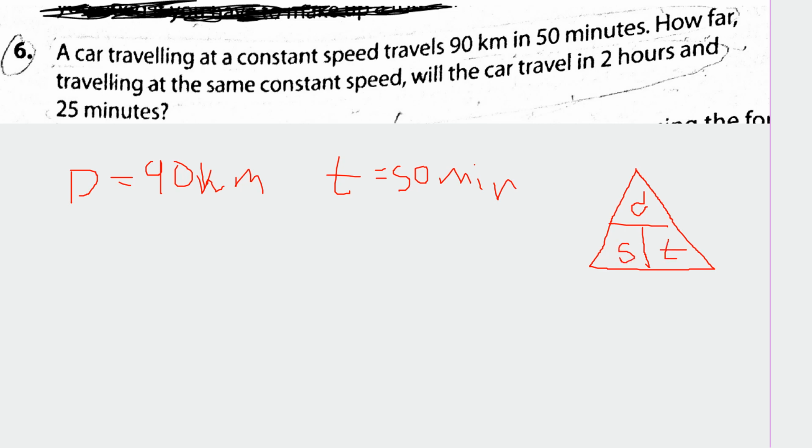Okay, so with this diagram, whatever you want, you hide it. Let's say, for example, in this case, we want speed. So we're going to hide speed. When you hide speed here, you will see speed will be equal to what? Distance over time, because you hide speed.